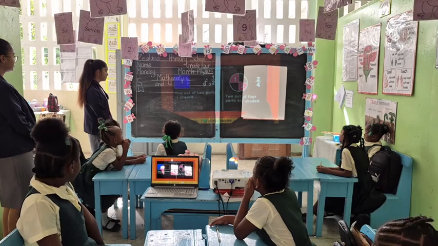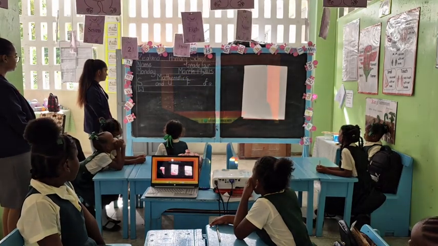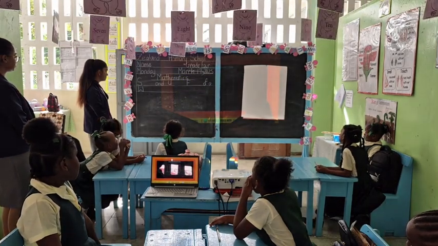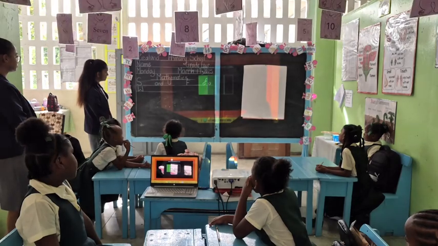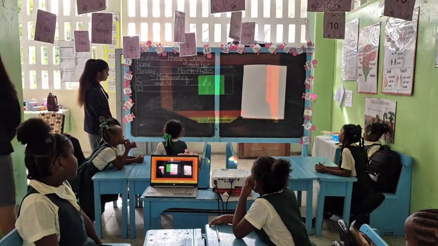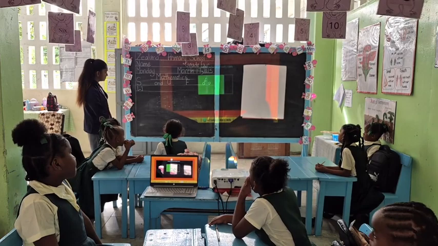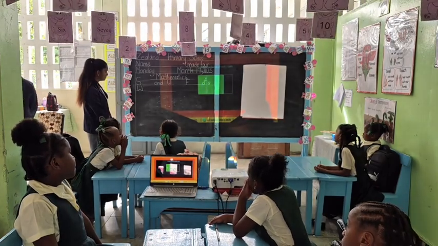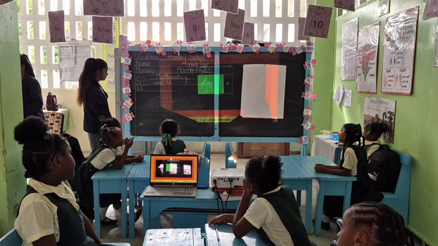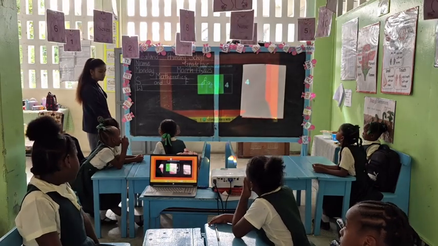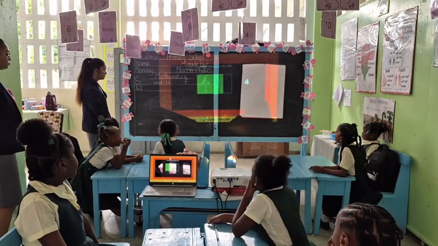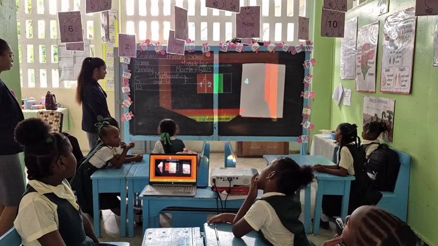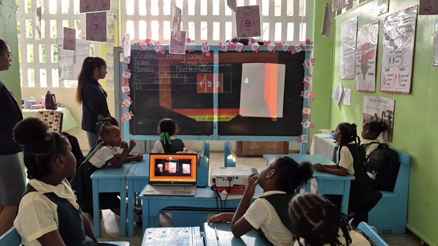Let's try another one. How many parts do we have here? 1, 2, 3, 4. I write down 4. How many parts are shaded? 1, 2, 3. So this is 3.